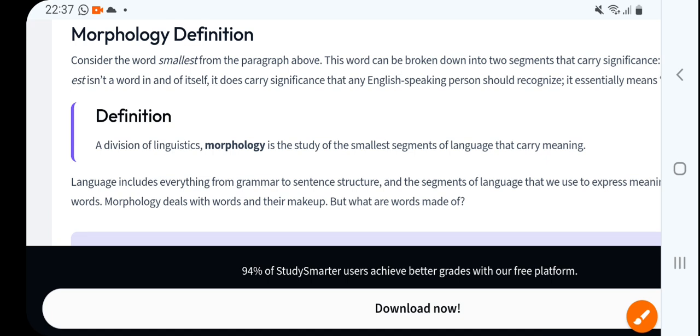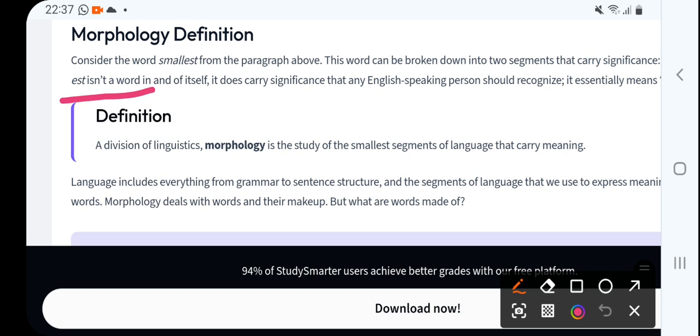Of course 'est' is not a word in and of itself, but it does carry significance that any English speaking person should recognize.